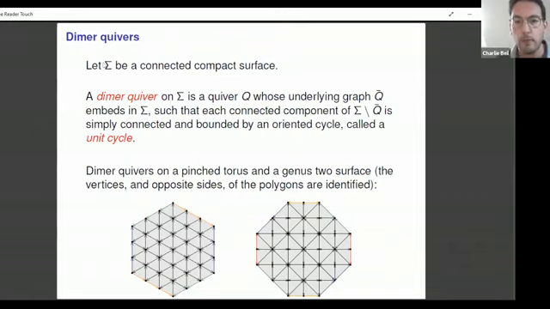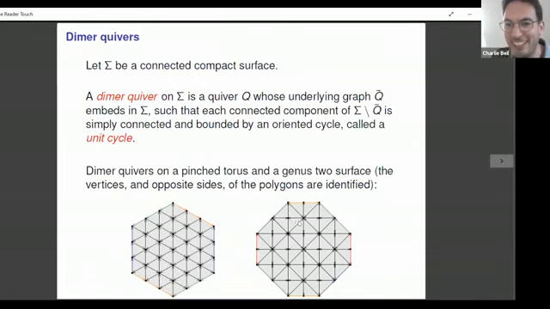So the first picture is really a quiver that lives on a pinched torus, and the second example is a quiver that lives on a genus 2 surface. These are just some examples. So the unit cycles, let's see, can you see my mouse if I move this around?